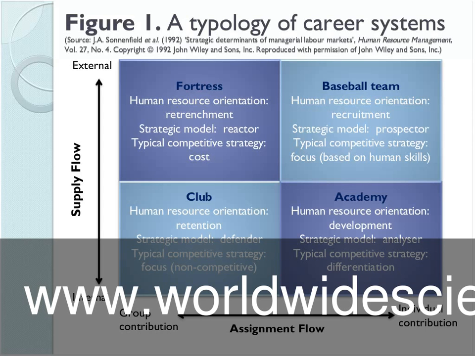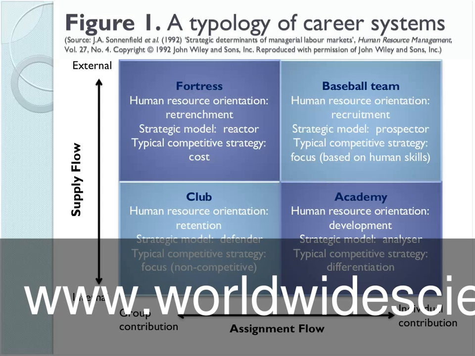Examples are advertising, accountancy, or legal companies. The human resource orientation in the baseball team is recruitment, the strategic model is prospector, and the typical competitive strategy is focus based on human skills.